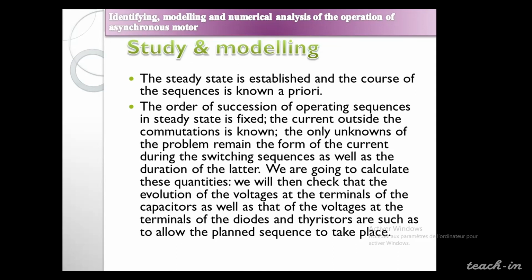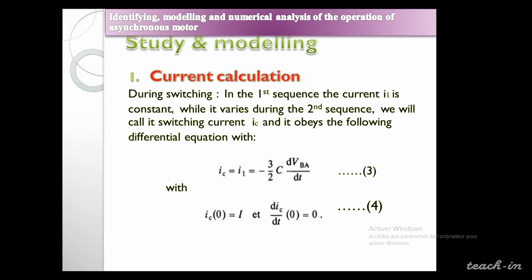We will then check that the evolution of the voltage at the terminals of the capacitors, as well as the voltages at the terminals of the diodes and thyristors, are such as to allow the planned sequence to take place. Here we have to study and model our system in order to find the main problem.